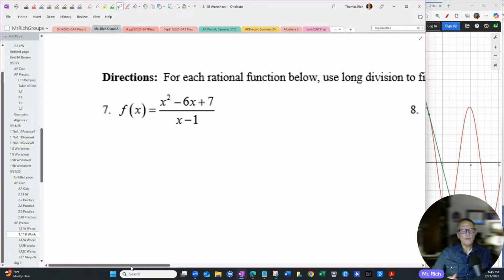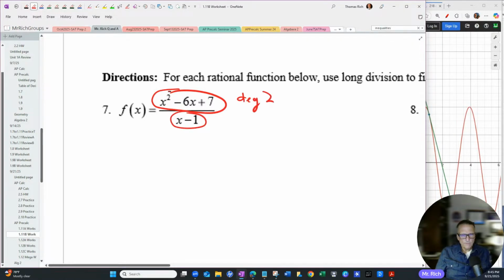First of all, you have to be able to look at a rational function and know when it would have a slant asymptote. So when you look at this f of x, you can see that the top degree is 1 degree higher than the bottom. This is a degree of 2, right?